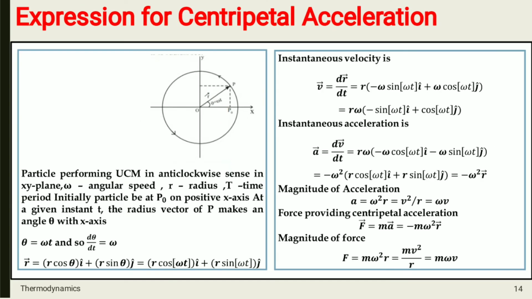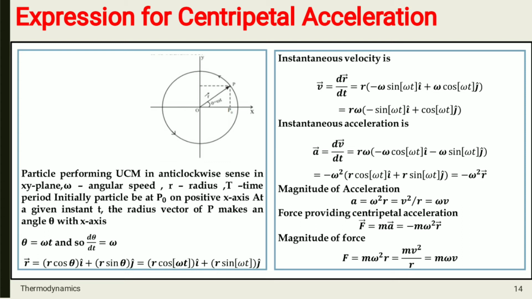Next part is the expression for centripetal acceleration when a particle is performing uniform circular motion. Here we are considering that the particle is performing UCM in the anticlockwise sense in the xy plane. Omega is its angular speed, r is the radius, and T is the time period.